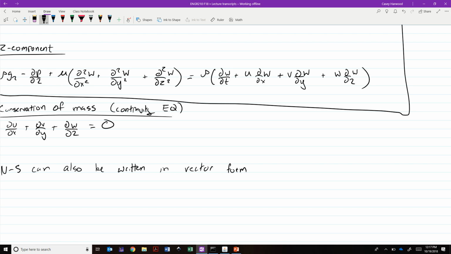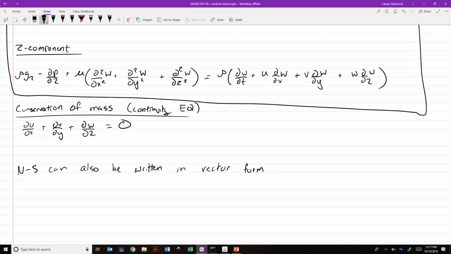In vector form as rho g minus grad p plus mu grad squared of v is equal to rho dv/dt.